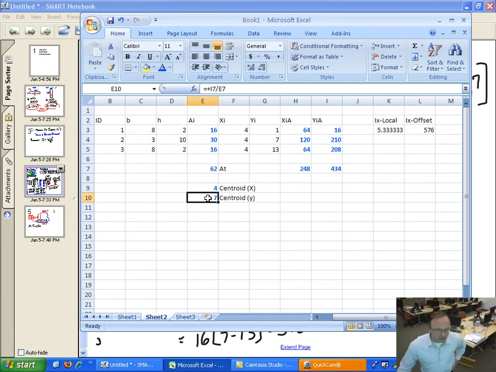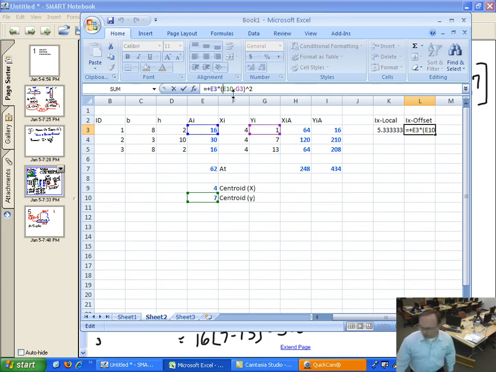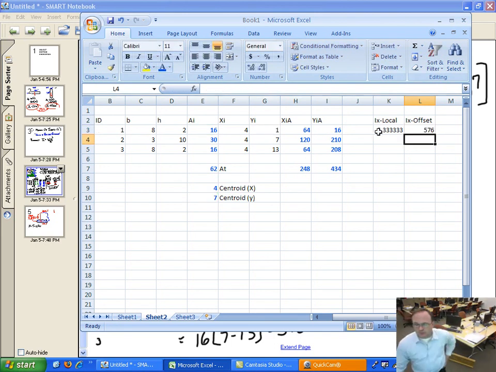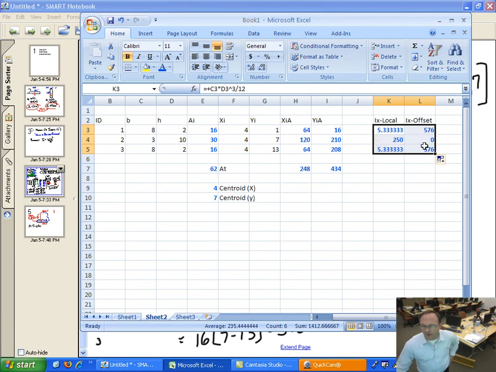I global is actually a fixed cell. So when I copy this down, I want this to remain E10. I'm going to put dollar signs around E10. Both of these are bold. If you look, this is C3, D3, E3, G3, and E10. When I copy these down, look what happens.